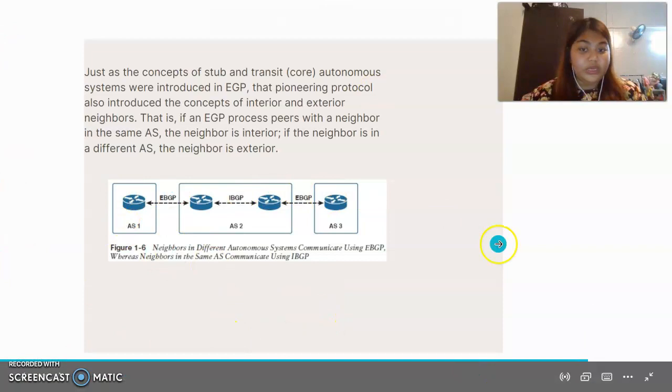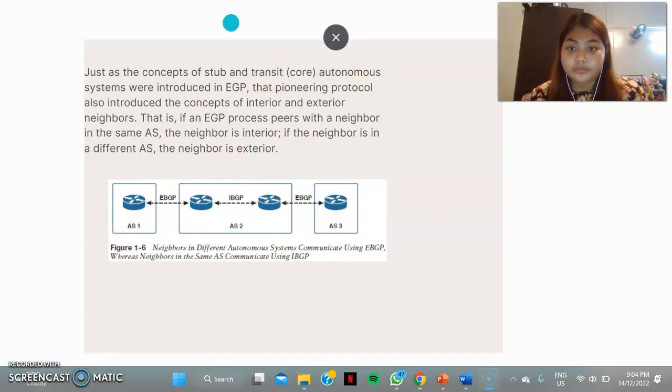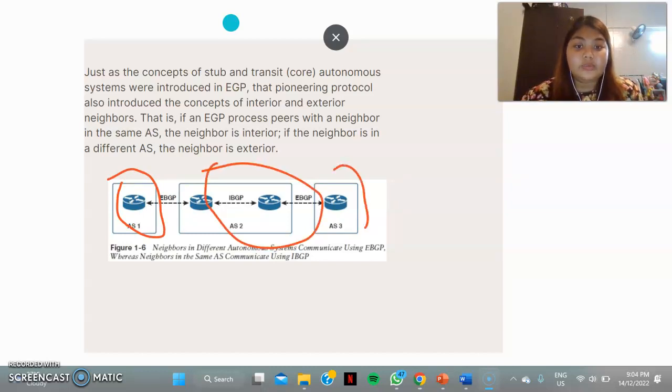So we can look at this picture. We can see this is autonomous system 1, autonomous system 2, and autonomous system 3. We have a packet here, and the packet will be sent to here, the 3.